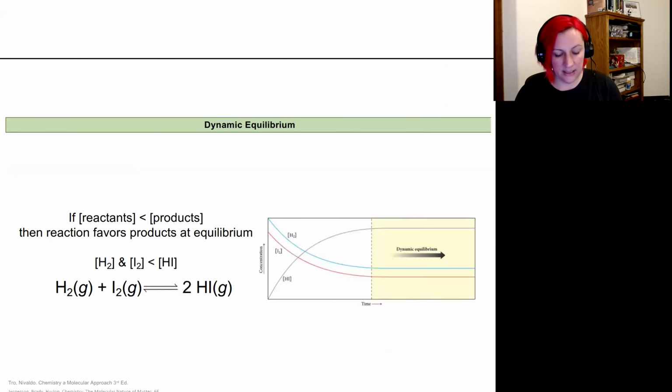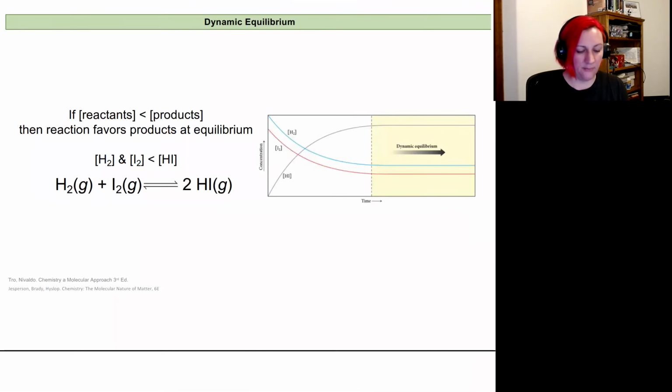Now, an opposite version of this is if we have something where, and this is a totally different reaction, sorry. We have hydrogen and iodine combining to form hydroiodic acid. Well, that's a mouthful. So in this case, when we combine our hydrogen and iodine gas, a reaction occurs that produces more products than reactants.